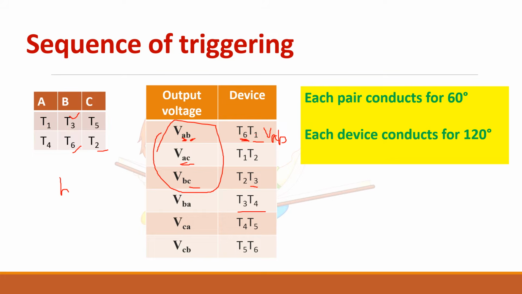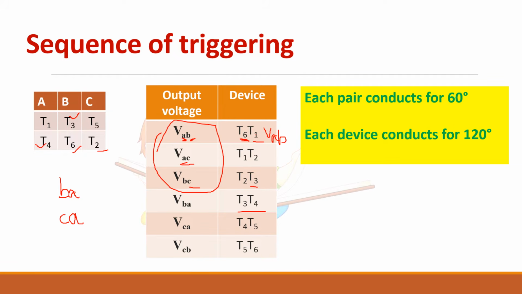T3 is B phase, T4 is A phase. So BA. In T4 and T5, T4 is connected to A phase but it is a lower device, and T5 is the upper device. So CA will be your output.